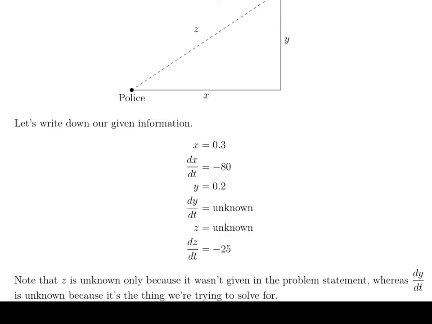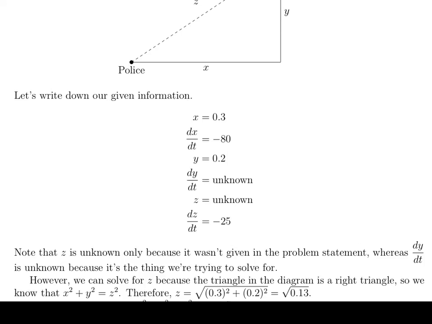Now there's a difference between these two unknowns. z is unknown because it just wasn't given to us in the problem statement. Whereas dy/dt is unknown because that's the thing we're trying to solve for. We're not going to be able to figure out dy/dt without using some calculus, but z we can.